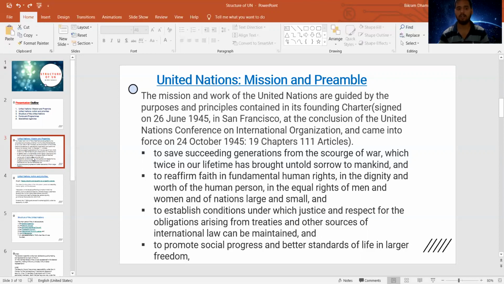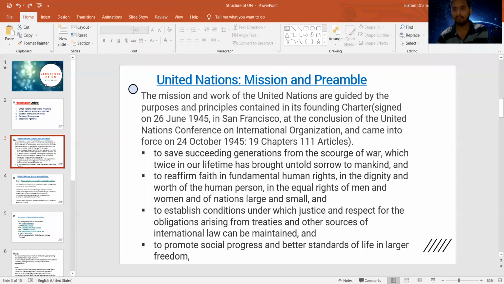The charter was signed at the Conference on International Organization, and it came into effect on 24th October 1945. It includes 19 chapters and 111 articles.